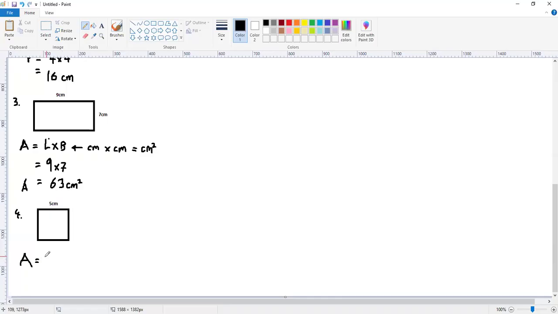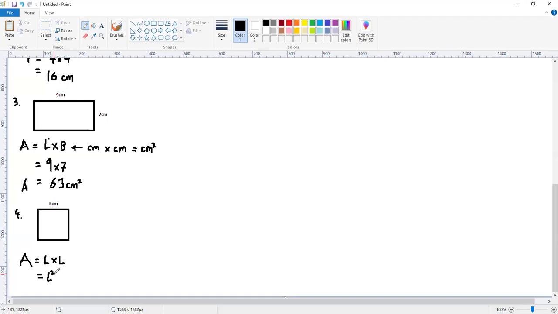Do you agree with that? So if this guy has equal sides, then all the sides will be equal to L. So L times L will give me what? L squared, isn't it? That's exactly what's going to happen.